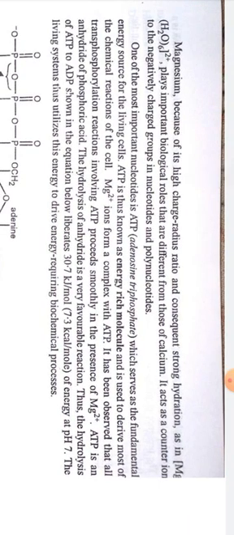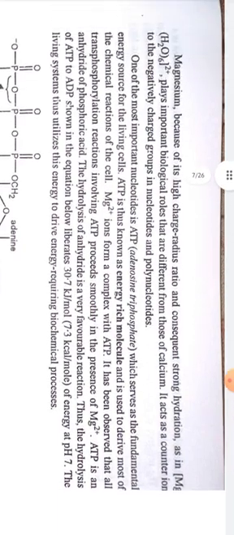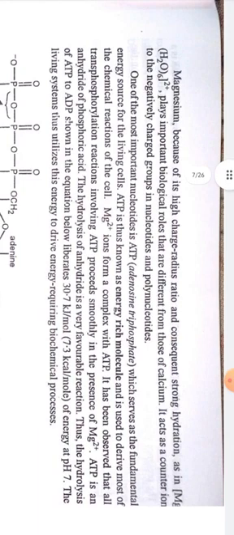Magnesium, because of its high charge-radius ratio and consequent strong hydration in the [Mg(H2O)6]2+ complex, plays a very important role and differs from calcium. In fact, it acts as a counter ion to the negatively charged groups in nucleotides and polynucleotides.